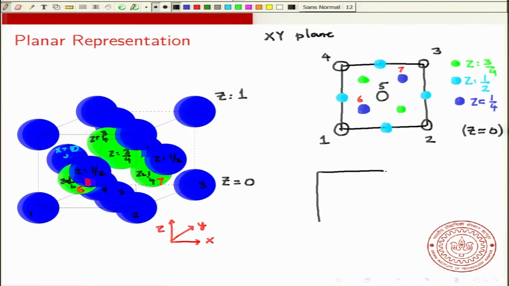So you have a square, and usually if you don't label some value of z, it means it is z equal to 0 or z equal to 1. So z equal to 0 and z equal to 1 are identical and they are not labeled. Then you have these two, and here you just write 1/4.